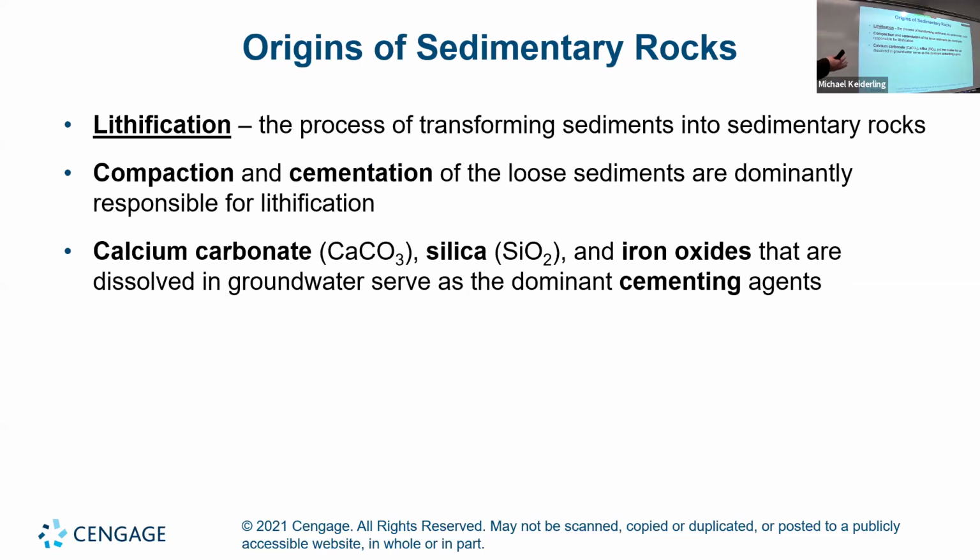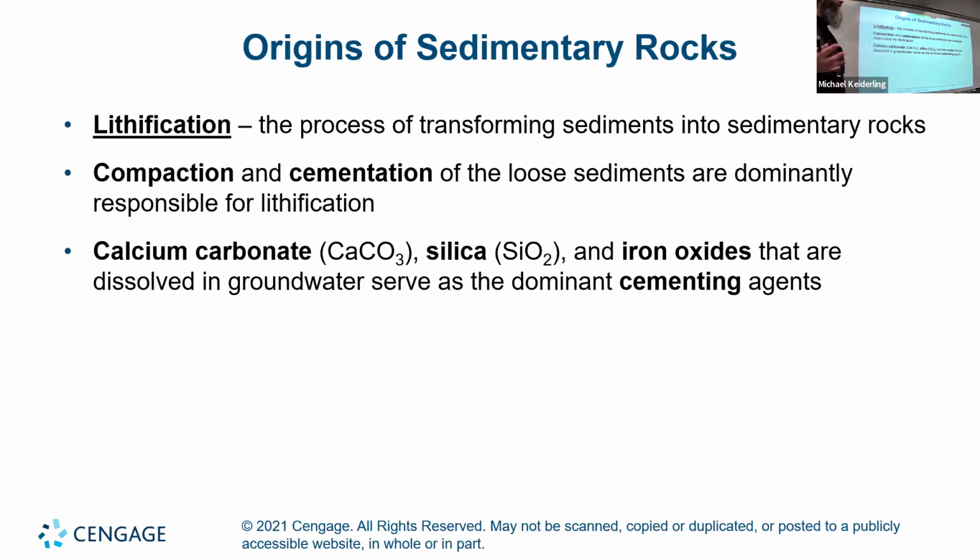So the process by which sedimentary rocks form is called lithification. The process of transforming sediments into sedimentary rock. Basically, you can translate it as rockification, the process of making a rock. Litho is rock.